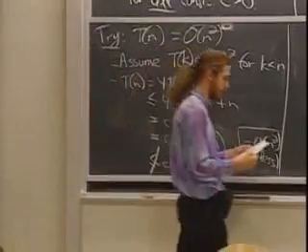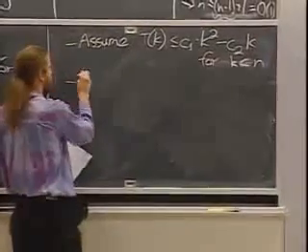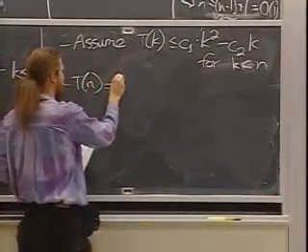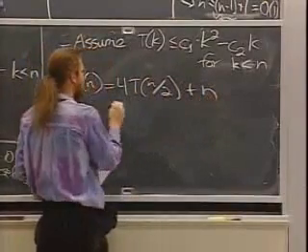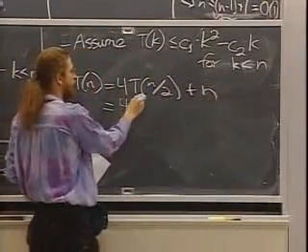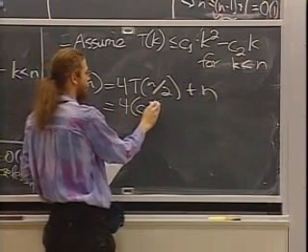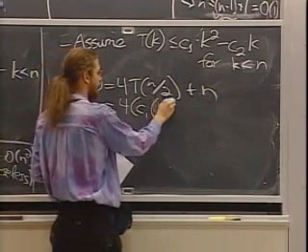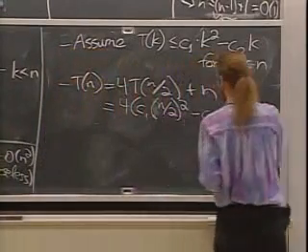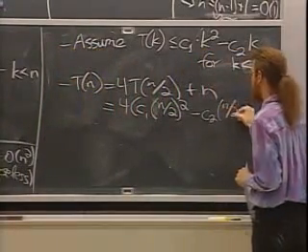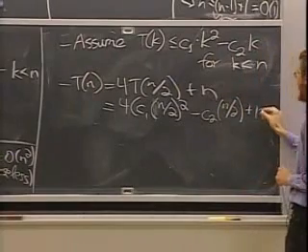Turns out it works. So we look at T of n. This is 4 times T of n over 2 plus n, as usual. Now we expand a slightly messier form. We have c1 times n over 2 squared minus c2 times n over 2 plus n.